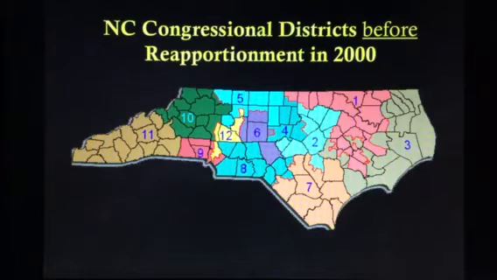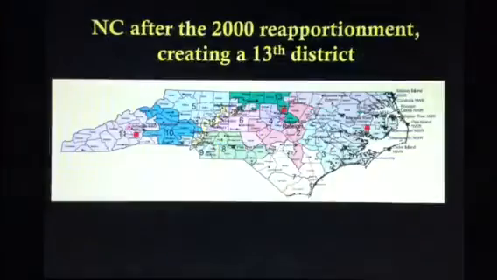These districts have to be all together. And each state legislature is responsible for drawing these congressional districts. So here were the 12 congressional districts in North Carolina before the 2000 census. In other words, from 1990 to 1999, or 2000.